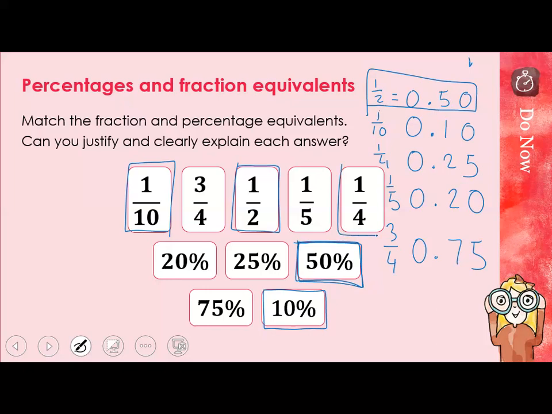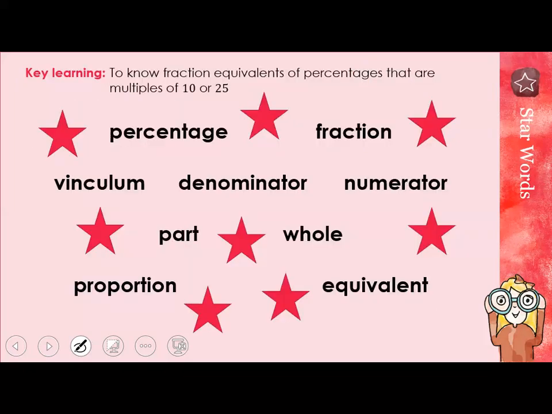And a quarter, for example, being equal to 0.25 and 25%. These are the relationships that you need to start identifying as we continue to talk about and play with percentages. As always, take a stop here if you are unsure of any of the star words and want to discuss them or look them up.